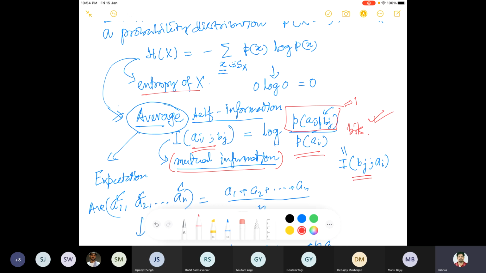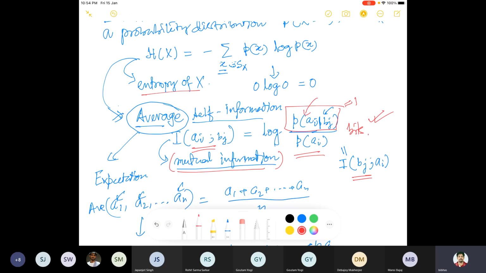This is what we discussed. Using the definition of conditional probability, this will be equal to P(Ai, Bj) divided by P(Bj). So the denominator and numerator will get cancelled, and you'll have log of 1, which is equal to 0. So you have 0 bits of mutual information about Ai and Bj.